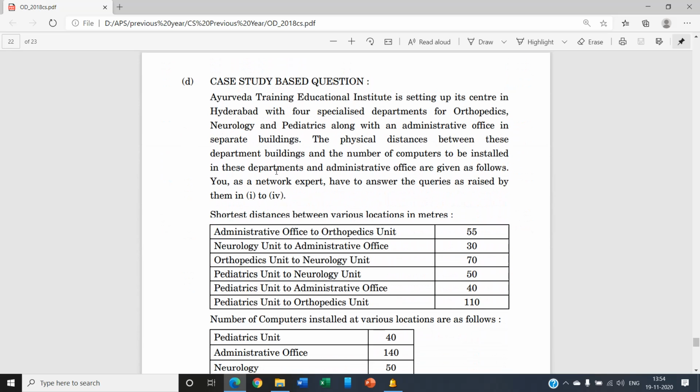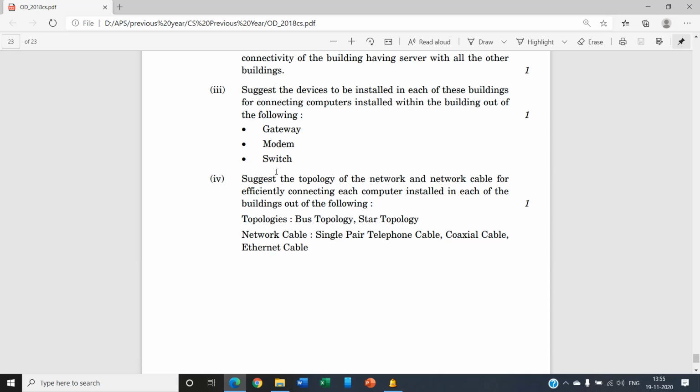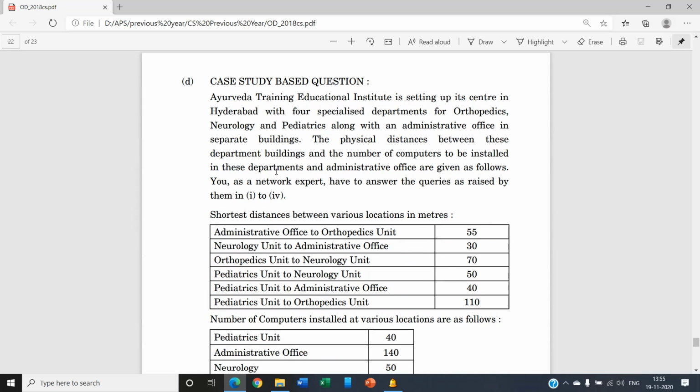Okay, now D section is our favorite, which is always asked and is of 4 marks. Let us go ahead and learn these. Read this first and understand what it is saying. Ayurveda Training Educational Institute is setting up its center in Hyderabad with 4 specialized departments for orthopedics, neurology, and pediatric, along with an administrative office in separate buildings.